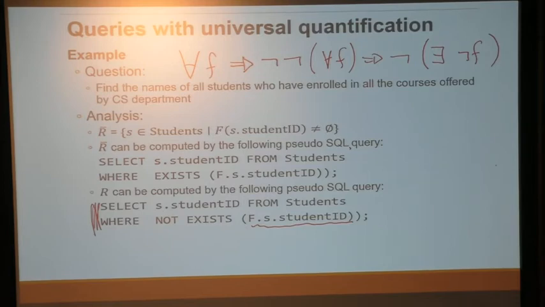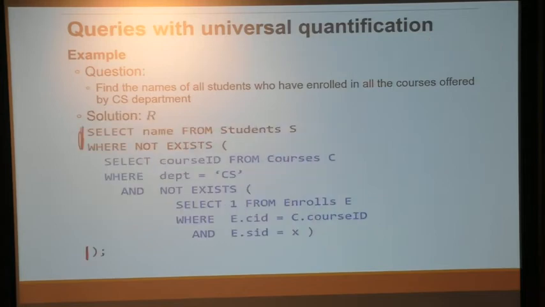So that's why, again, universal quantification is a not. Instead of asking for all, you ask not exist, not F. And that is equivalent. Okay, that's the general idea. The inside one here, as I said before, is how you answer your F, given a particular student x. Okay, is it clear?